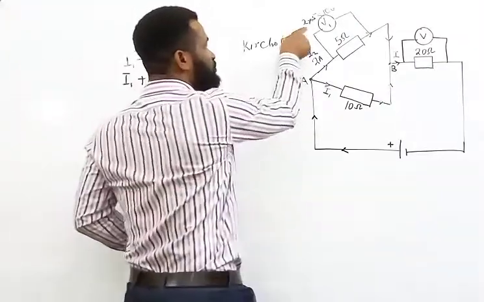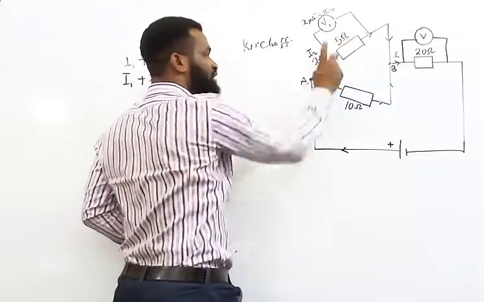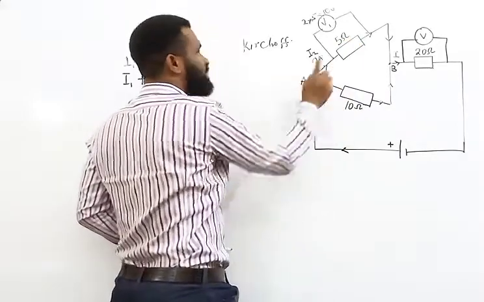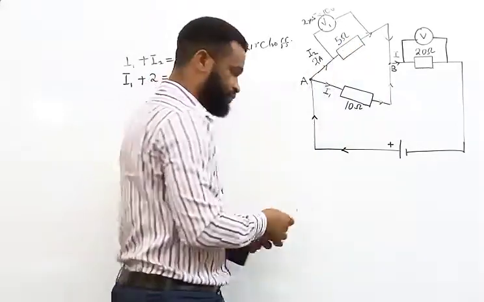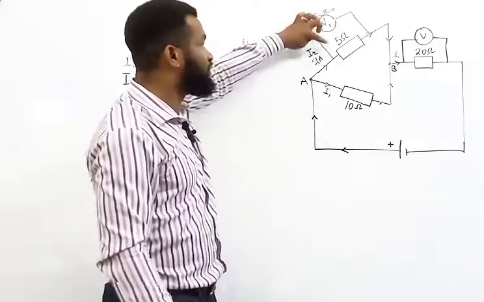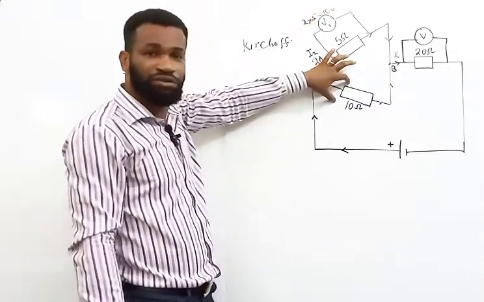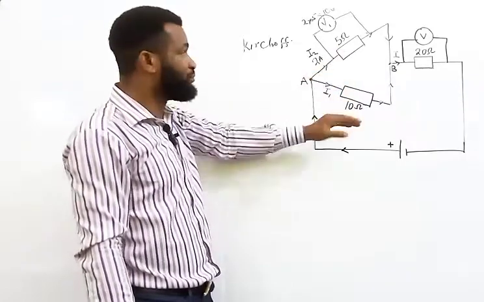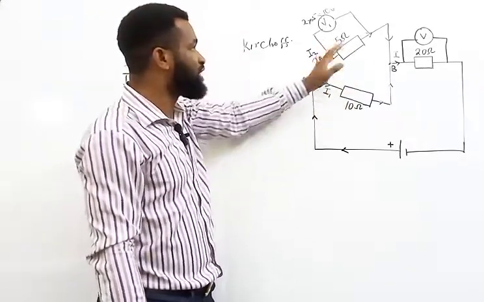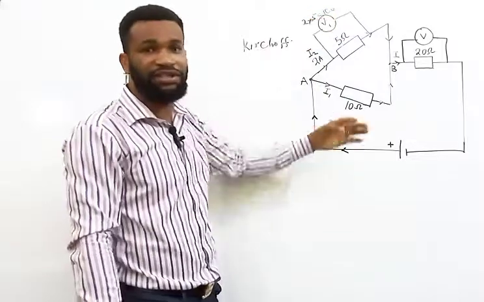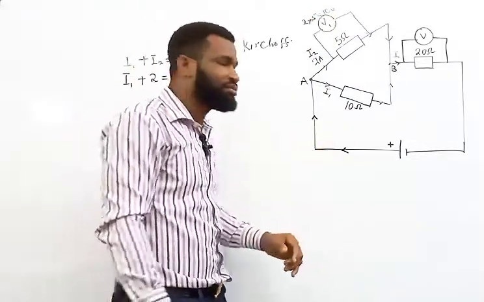Now, if 10 volts is across the 5 ohms, then 10 volts will also be across the 10 ohms. Why? Because parallel resistors have the same potential difference across them, period.